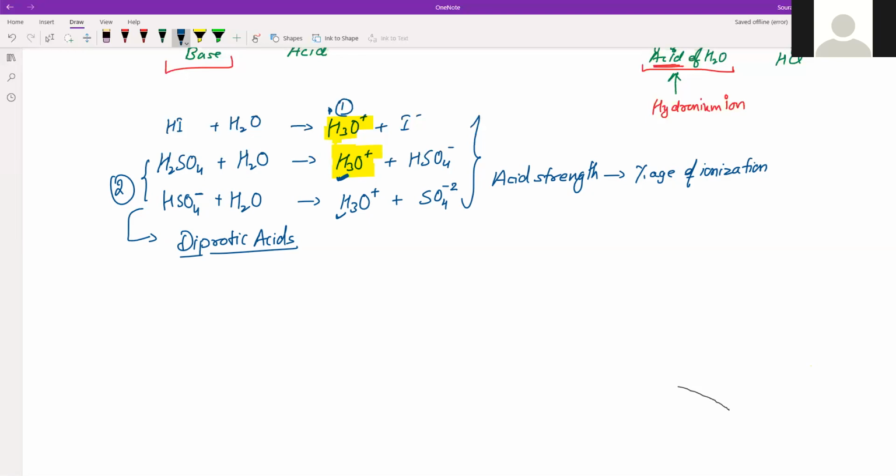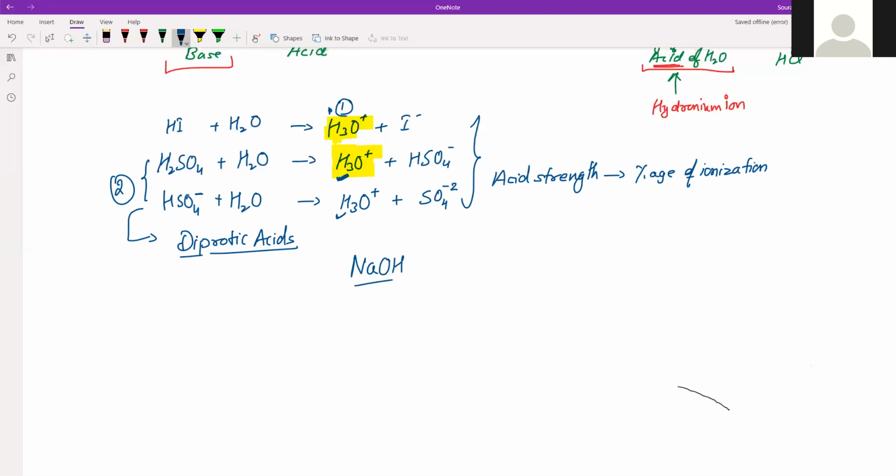Now, when an ionic compound dissolves in water, the ions are solvated. For example, if we take sodium hydroxide, the positive sodium ion is stabilized by interaction with unshared electron pairs of water molecules. What does that mean?